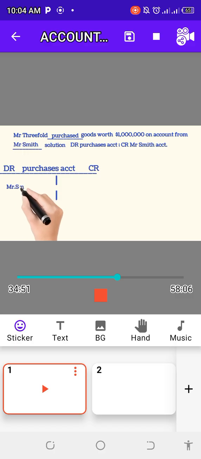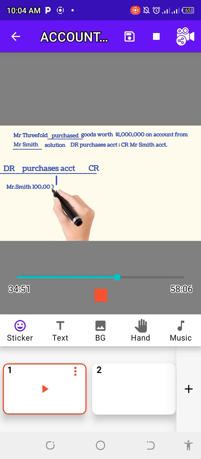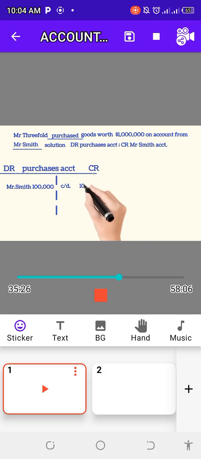Mr. Smith. You purchase from Mr. Smith 100,000. That is what is in the purchases account. And you bring it down for the purpose of balancing to be 100,000. And you rule off.